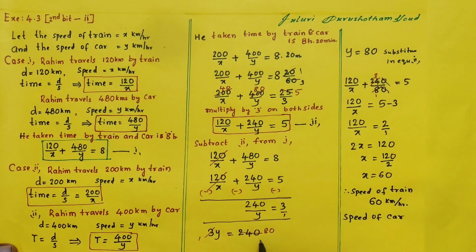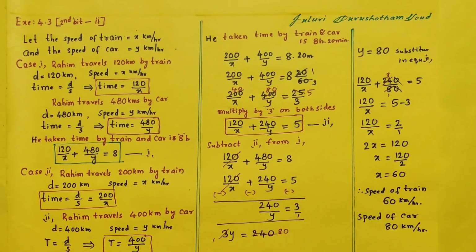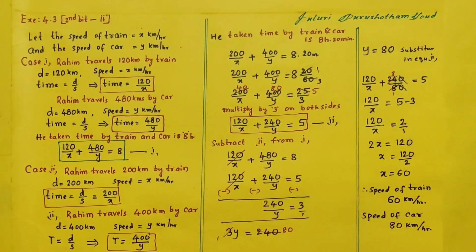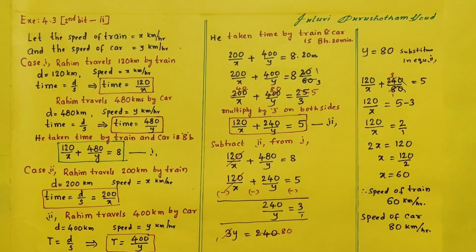What is that? Speed of the car is 80 kilometers per hour. Do you understand? Okay. Check once, note it down and practice it.